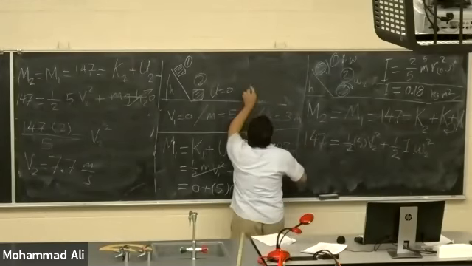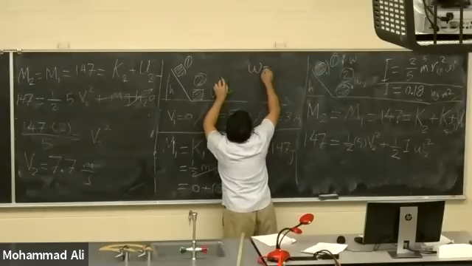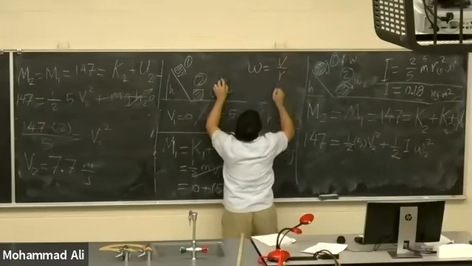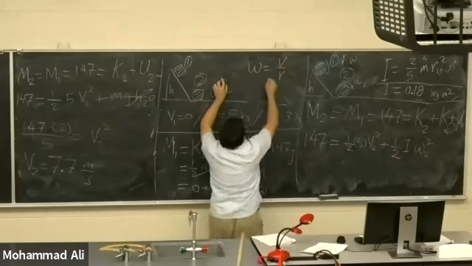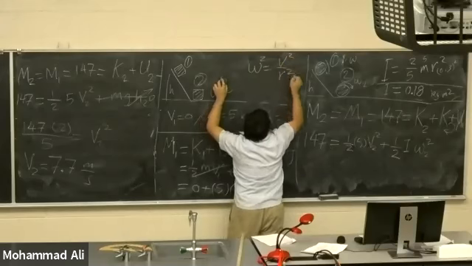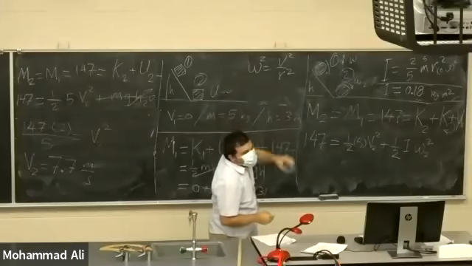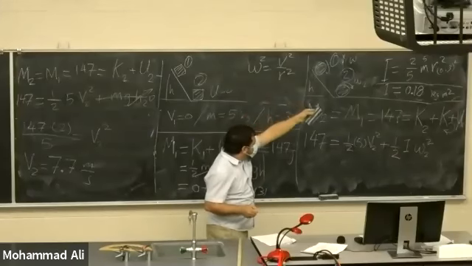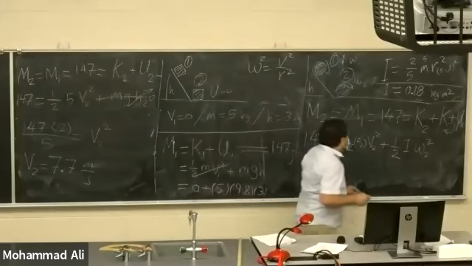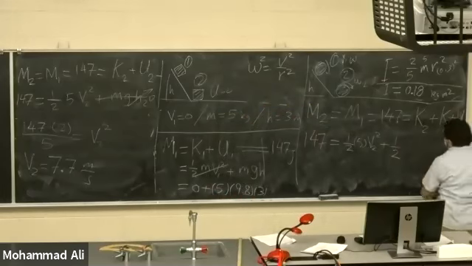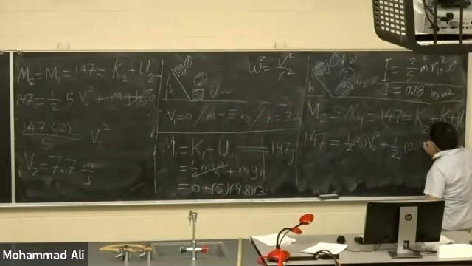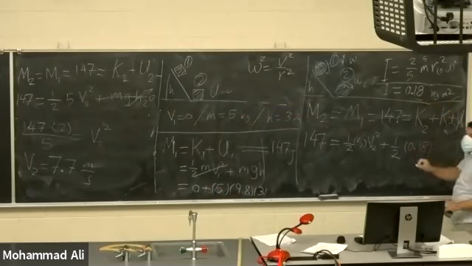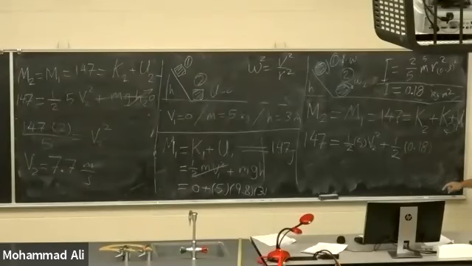Omega is V over R. Omega squared is V squared over R squared. R is given. V, the same V. So I will put I is 0.18. There are many ways to compute it.